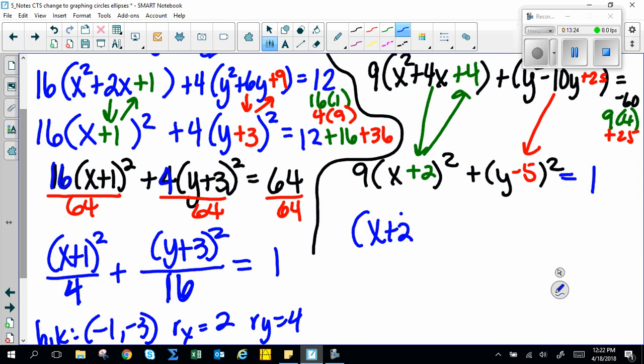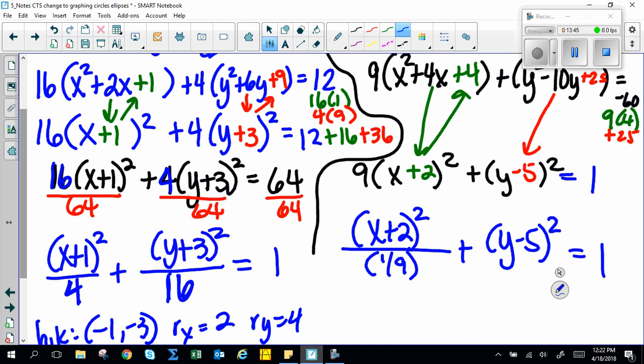I did that homework problem, and I can rewrite this as divided by 1/9. Because dividing by 1/9 is the same thing as multiplying by 9 over 1. I'm flipping it. Now, does this look a little bit more like the graphing form that you're used to?